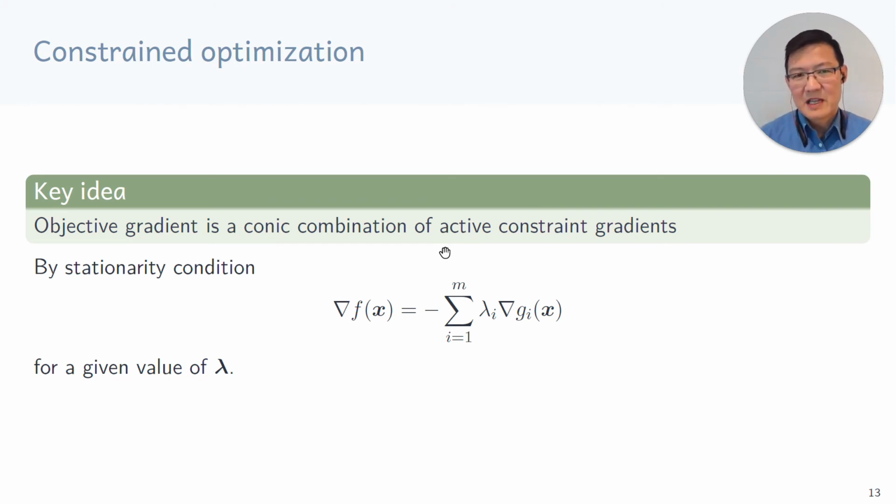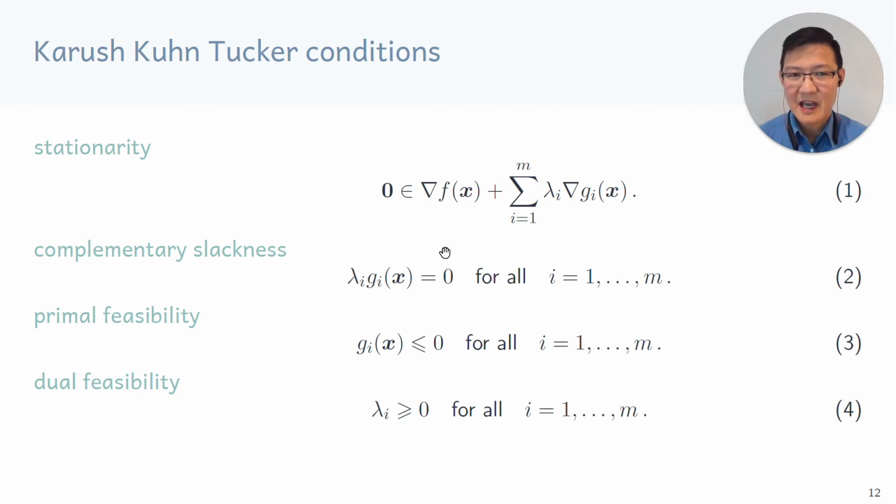One thing interesting by staring at the constrained optimization problem is that you can look at the stationarity conditions, the first equation here, and notice that if the problem is stationary, if the value of x results in 0, then you can express the gradient of the objective in terms of a sum of the gradients of active constraints GI.